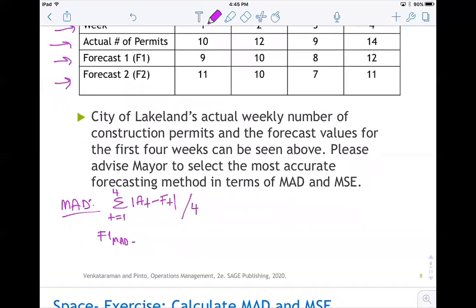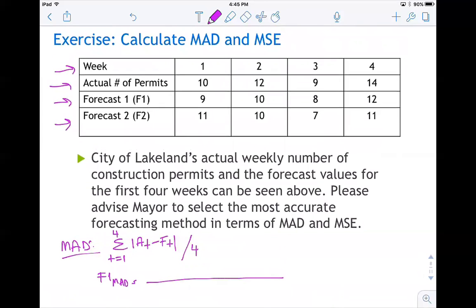MAD would be what? Remember, this row keeps our AT, and these are all FT. This is the first forecast, this is the second forecast. So for the first forecast, the MAD formula works like this. In the numerator, in absolute value, we take the difference between the actual observation minus the forecast that we got by using the first forecasting method for the first time period.